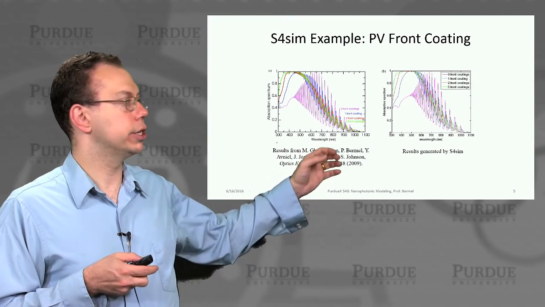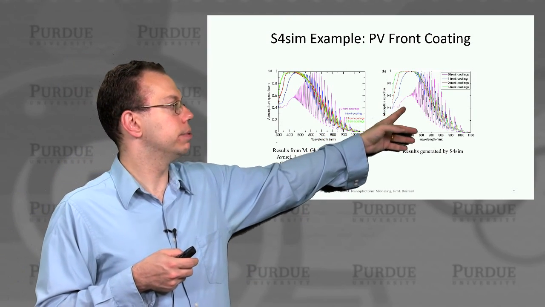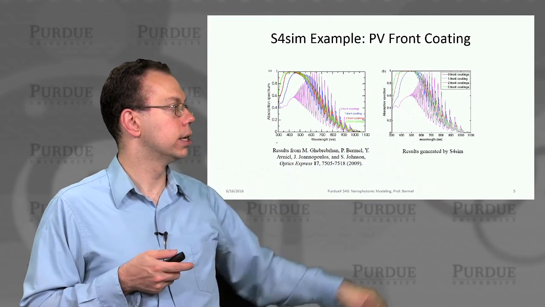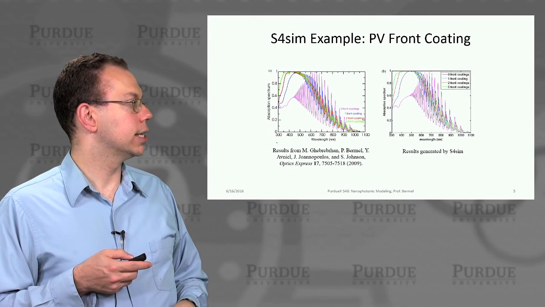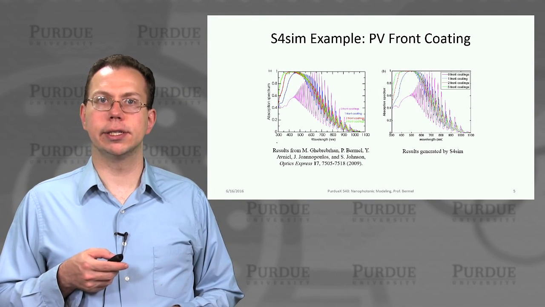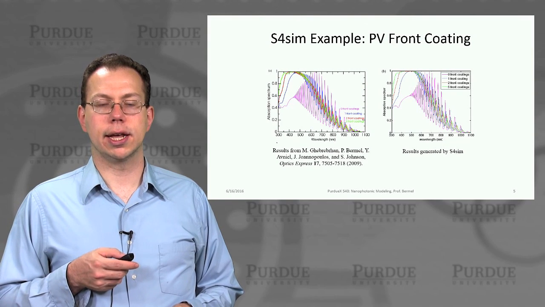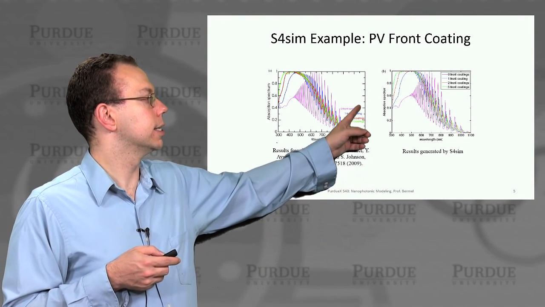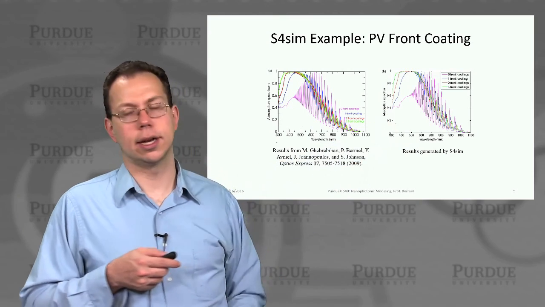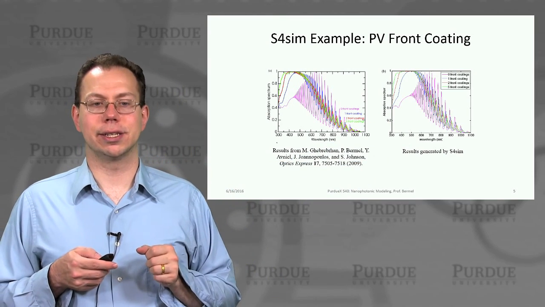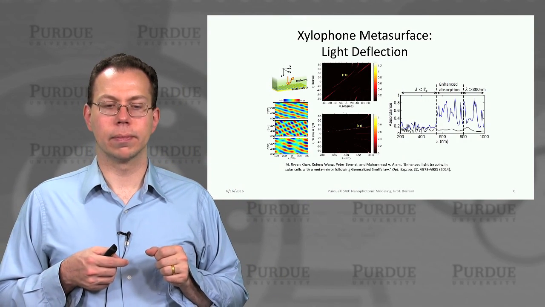We also showed that S4 Sim can reproduce this whole set of results on the right-hand side, and it's very hard to tell the difference between the two curves, except that they're labeled differently and the thickness of the lines is slightly less on the right-hand side. But that's just a superficial difference.